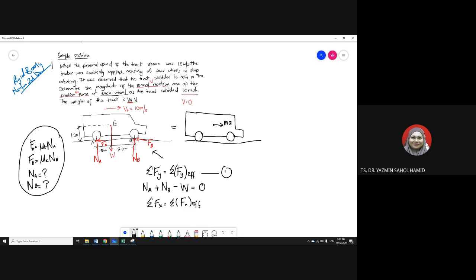We're assuming top to be positive for summation of forces Fy, and for summation of forces Fx, we're assuming this direction to be positive.